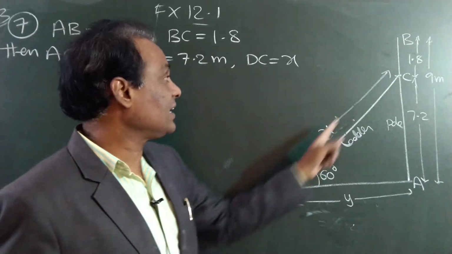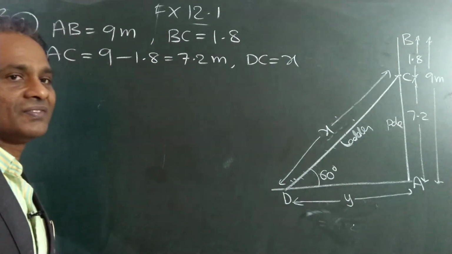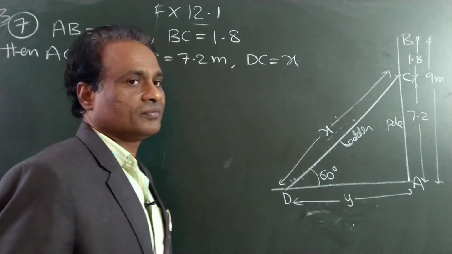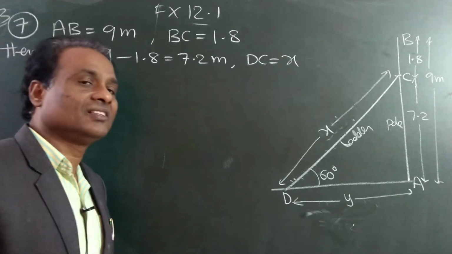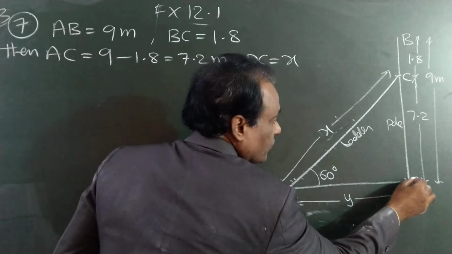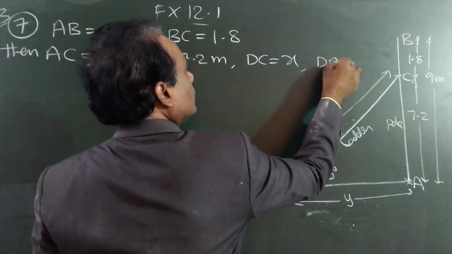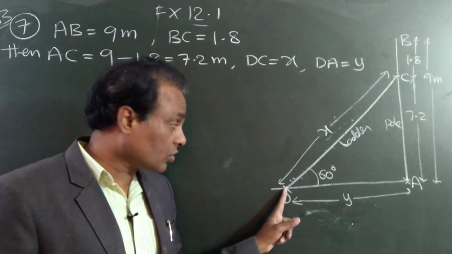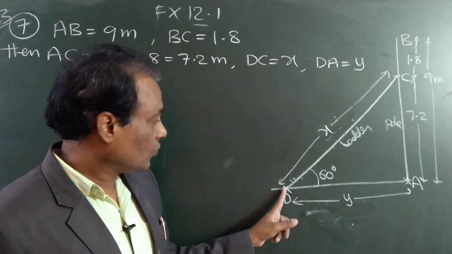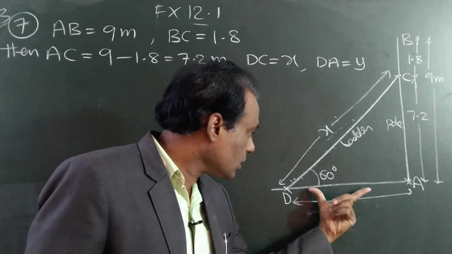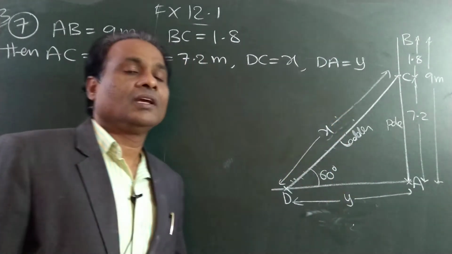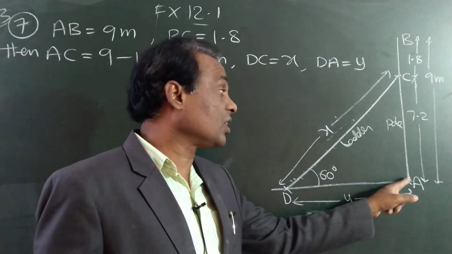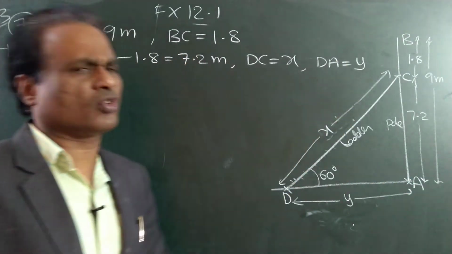Let the distance between the foot of the ladder and the foot of the pole, DA, be equal to y. We are assuming.